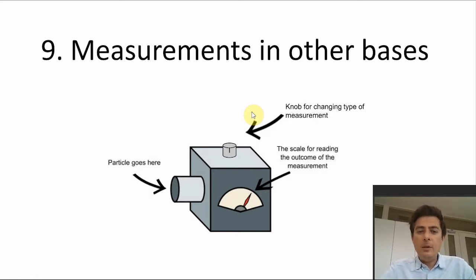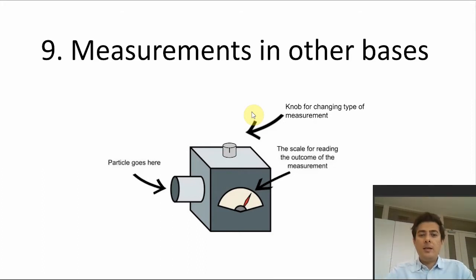And in lecture 8, we talked about how we can represent quantum states using different bases. So you can represent a quantum state in one basis, but you can represent the same quantum state in a different basis. So we can actually combine these two ideas into a more general type of measurement, and this is basically what we're going to be talking about in this lecture.